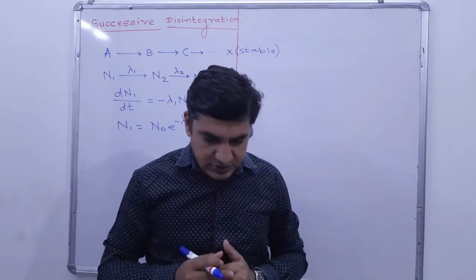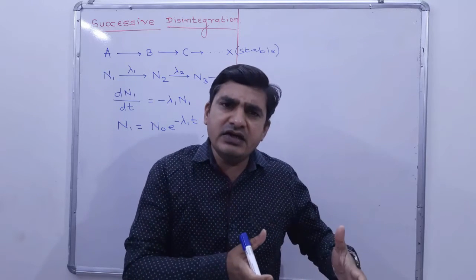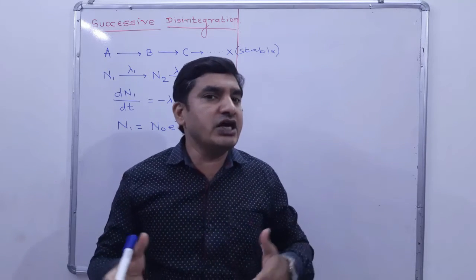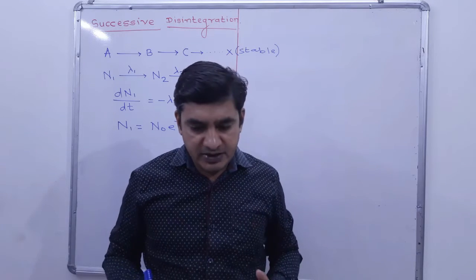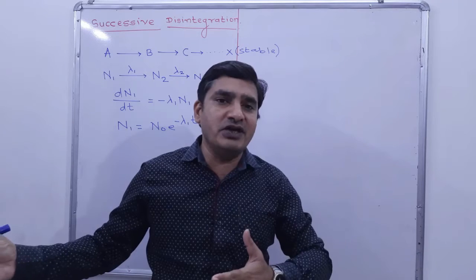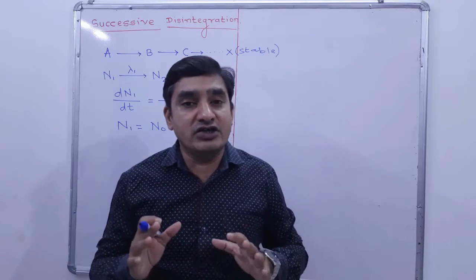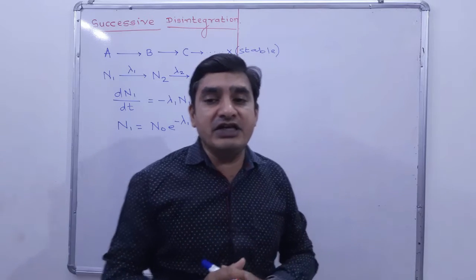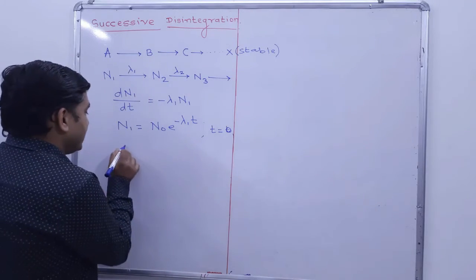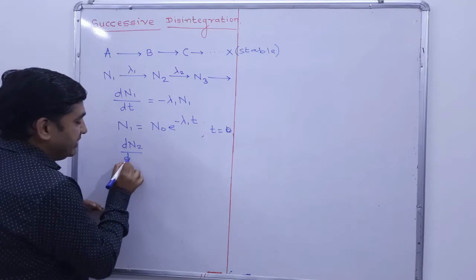Now the daughter: we know that the parent disintegrates so that we obtain a daughter, and the daughter also disintegrates so that we obtain a new daughter. The rate of disintegration of the daughter can be written as dN2 divided by dt.